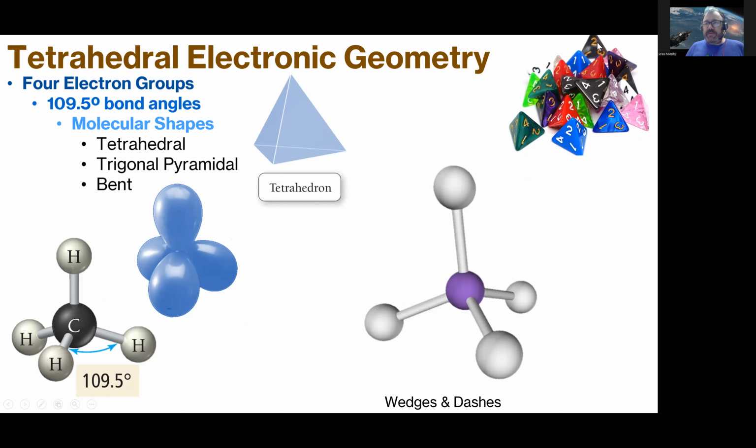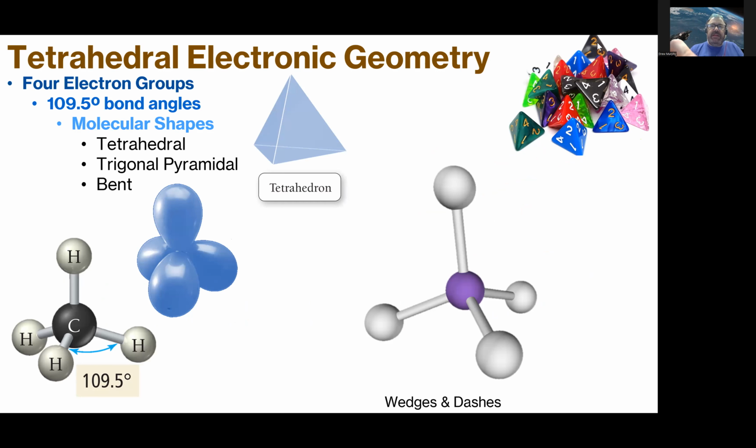When it's tetrahedral, you can think of it as a 4-sided pyramid. If you're one of those multi-sided dice playing people like I am, then you'll be used to the 4-sided die. It's the same kind of idea.